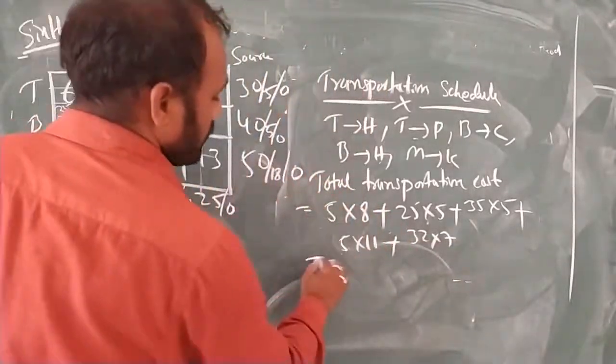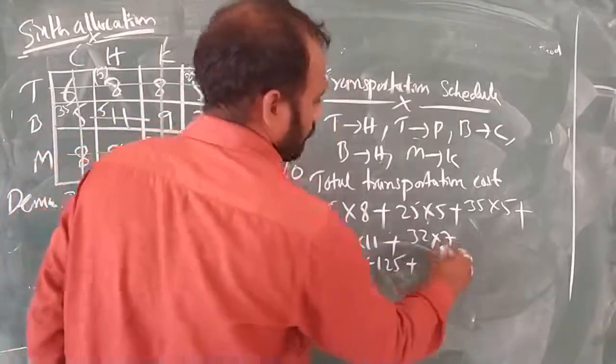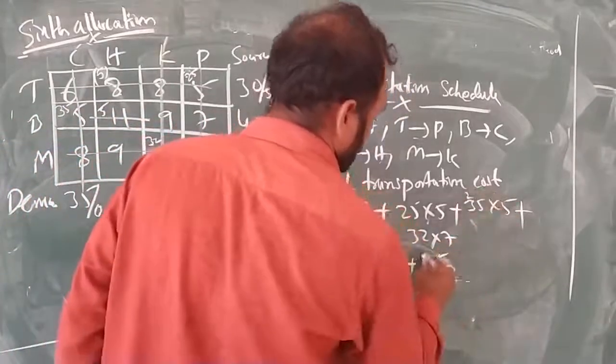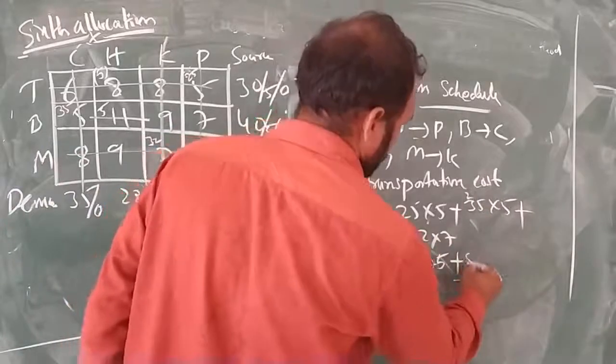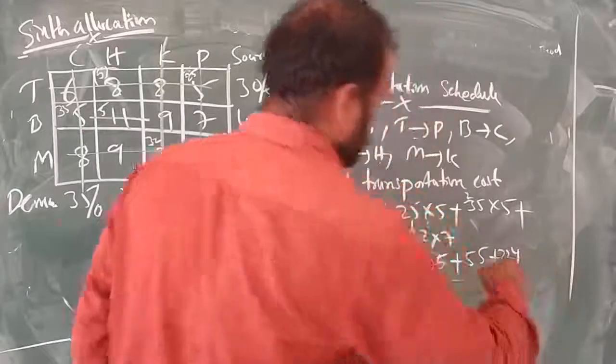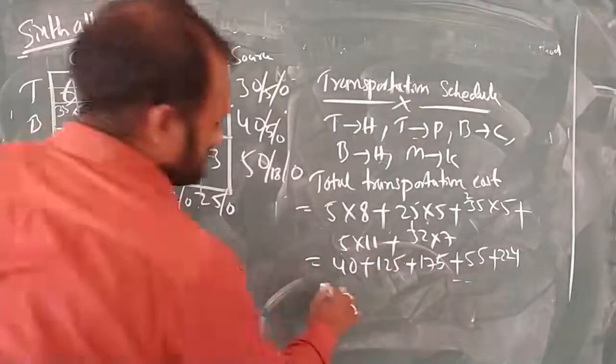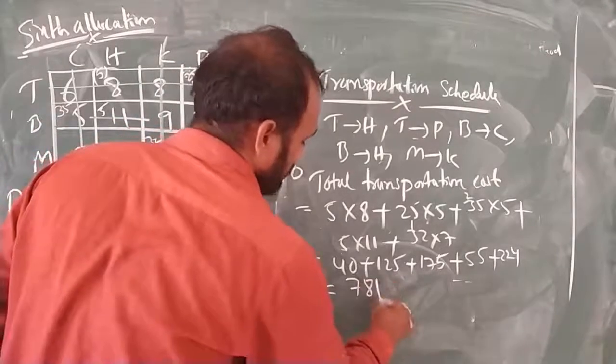So these are the values. We will get 5 8s are 40, 25 5s are 125, 5 5s are 25, 5 3s are 15, 17, 175, 55 plus 7 to the 14, 22. If I add up all these values, we are going to get 781 rupees.